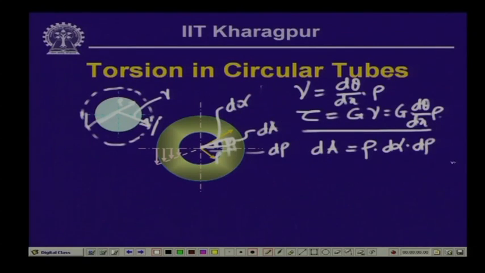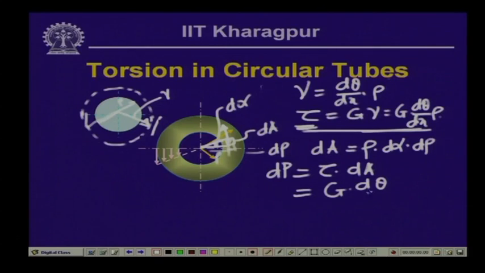Now, the force carried by this area is equal to the shearing stress times area. So, dP is equal to tau times dA, and if we substitute for tau from this expression, this is equal to G d theta/dx times rho times dA.